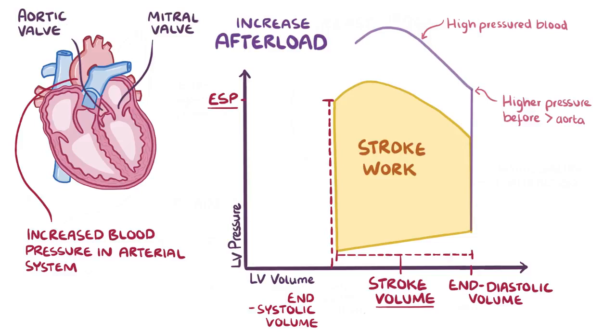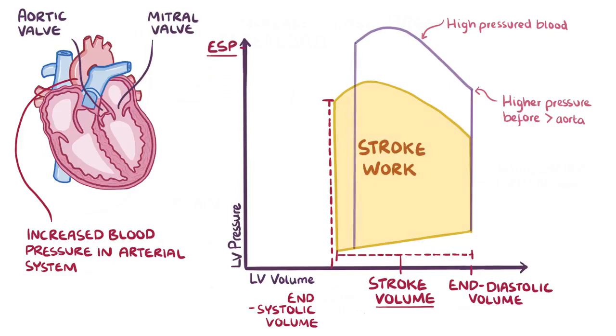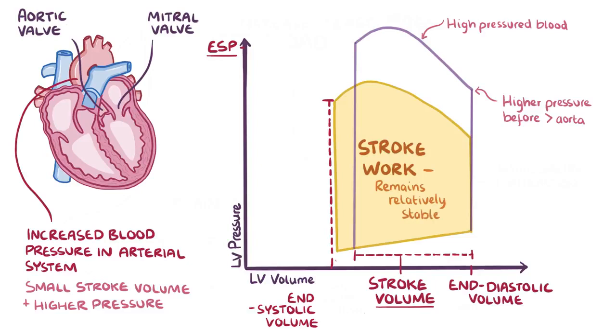And since there's elevated blood pressure in the aorta, the end systolic pressure ends up being higher as well, and that means that there's a relatively small stroke volume. It also means that there's more blood left in the ventricle at the end of systole. In this situation, there's a bit of a trade-off, because there's a smaller stroke volume but higher pressure. So the stroke work works out about the same, remaining relatively stable.